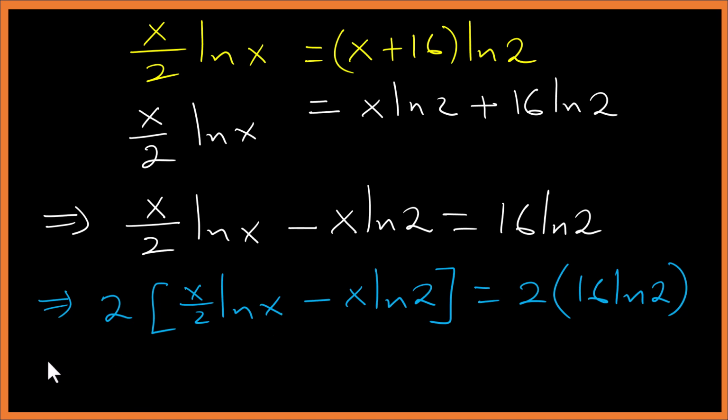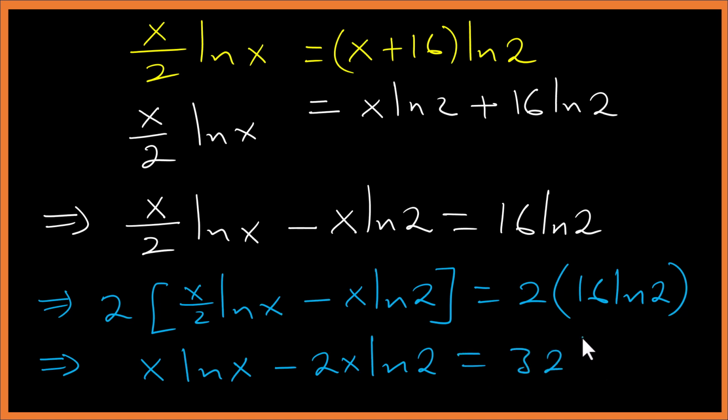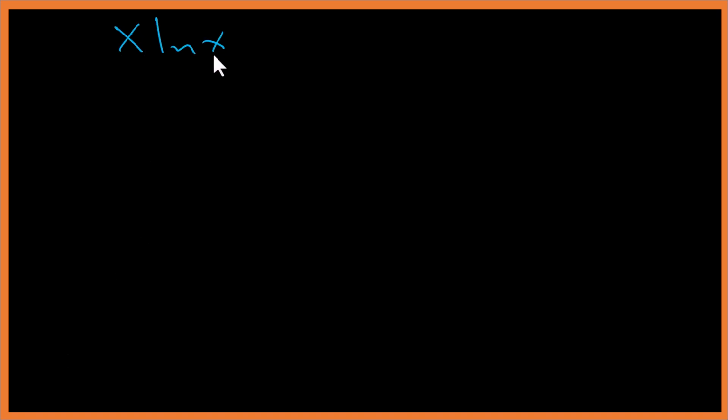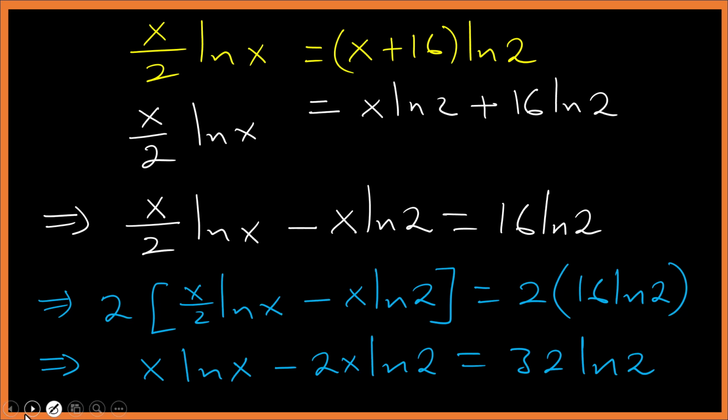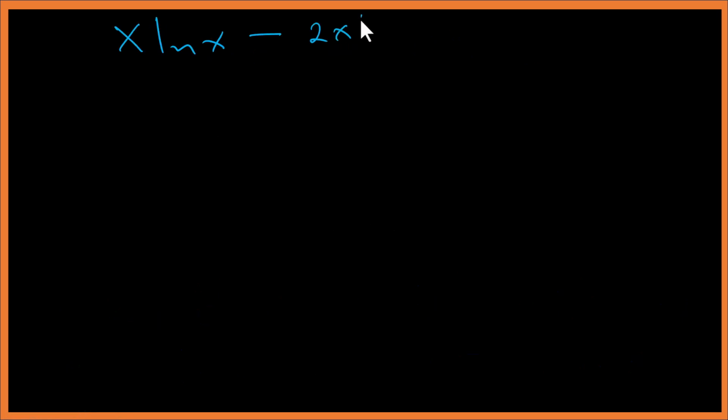So this side, the 2 also cancels. That will be x ln of x minus 2x ln of 2 equals 32 ln of 2. All right, so we have x ln of x minus 2x ln of 2 equals 32 ln of 2.